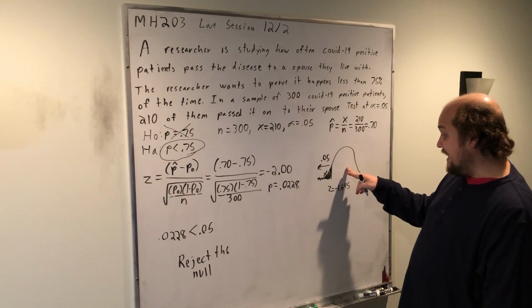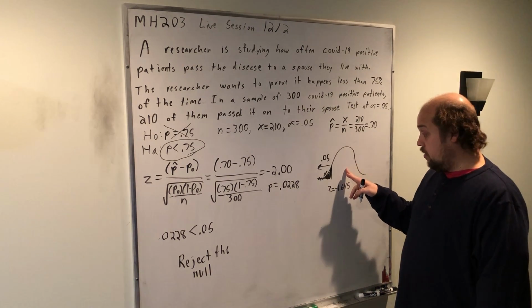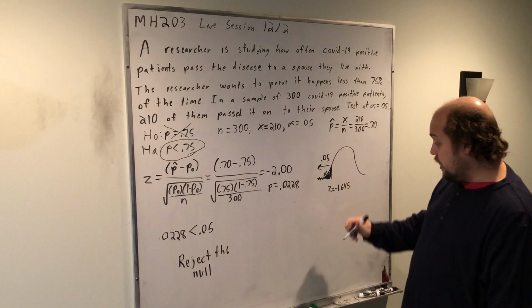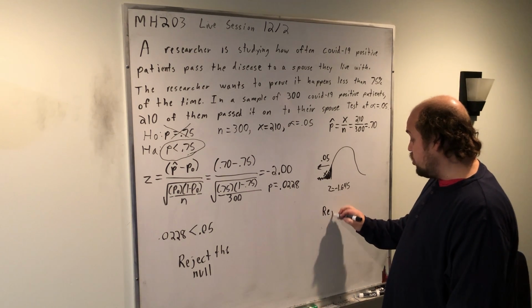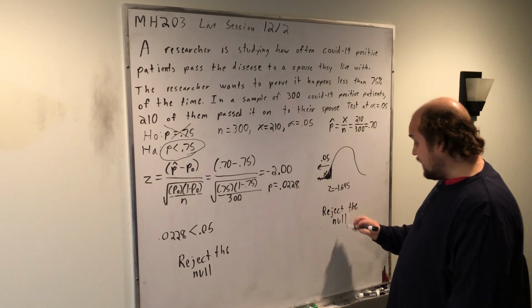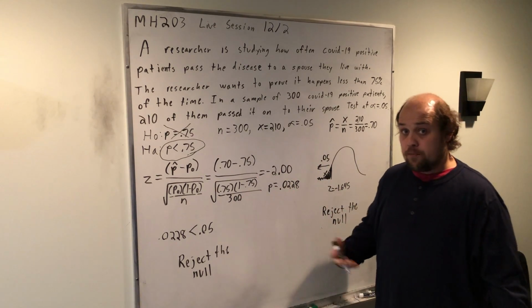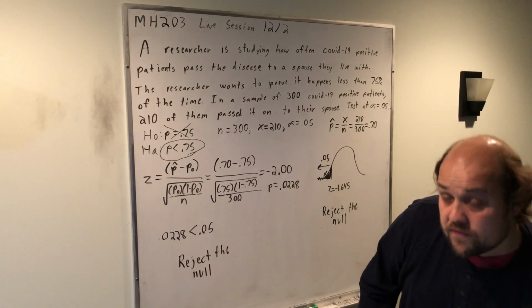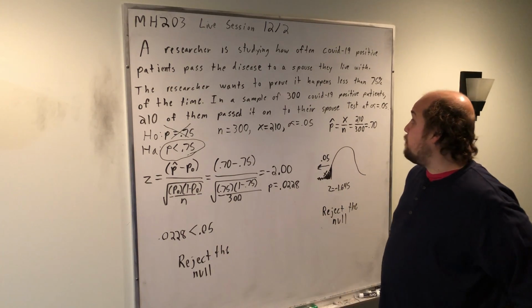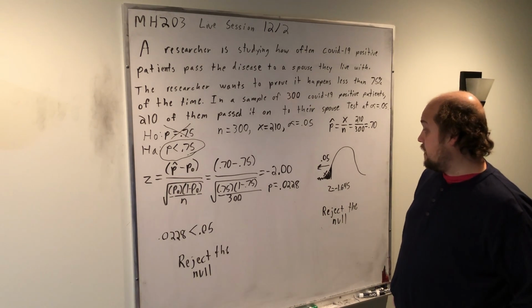If it had fallen here in the unshaded region, that's where we would fail to reject the null. When it falls here in the shaded region, that's when we have the conclusion, reject the null. Basically, by either method, we proved the same thing. We proved at the 0.05 level of significance that spouses pass it on less often than the 75% hypothesized.